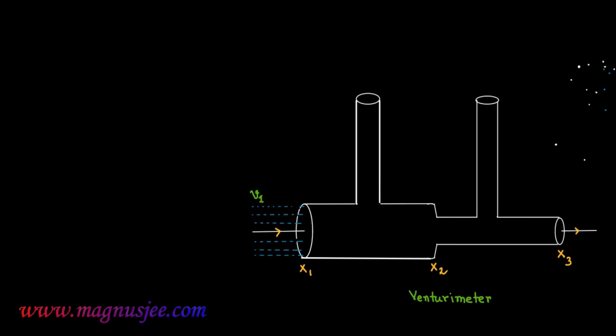Liquid flows into the pipe X1X2 with a velocity V1, and the liquid flows out of the pipe X2X3 with a velocity V2.